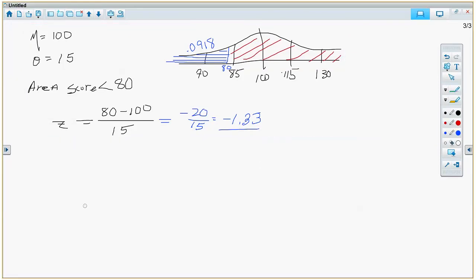How about score? Give me the probability or the area above 120. Area above 120.